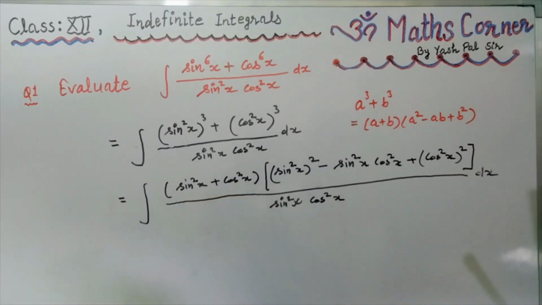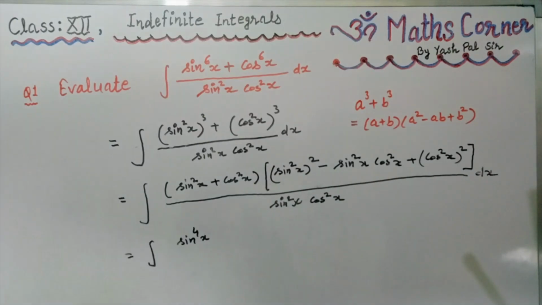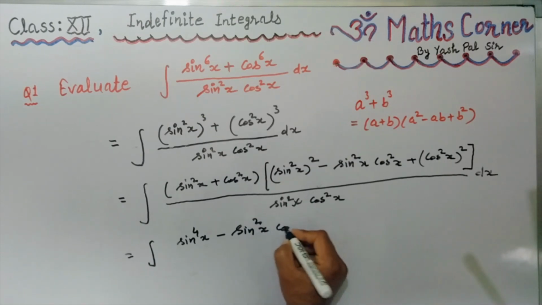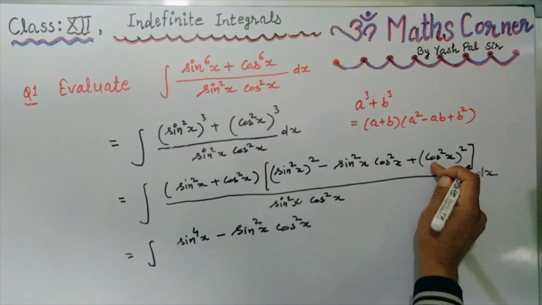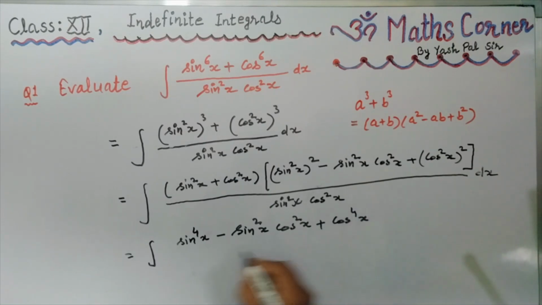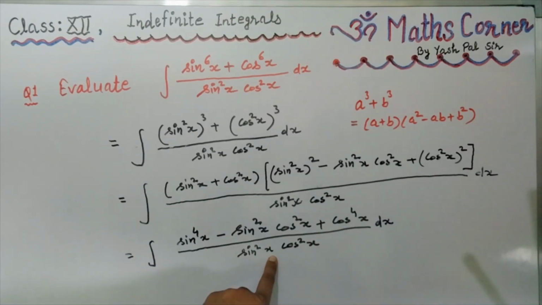Now sin^2 x + cos^2 x is 1, so we are left with (sin^4 x - sin^2 x cos^2 x + cos^4 x) divided by the same denominator, into dx.